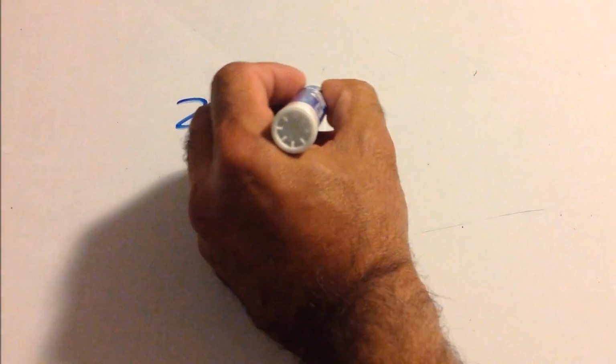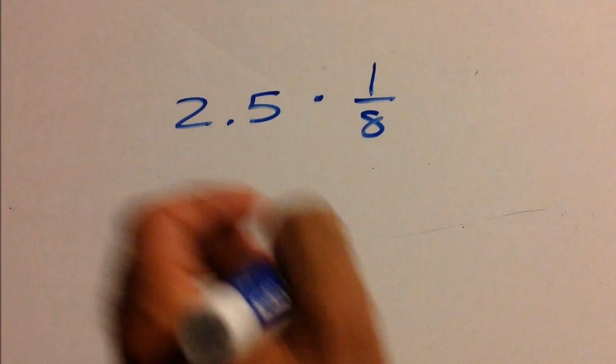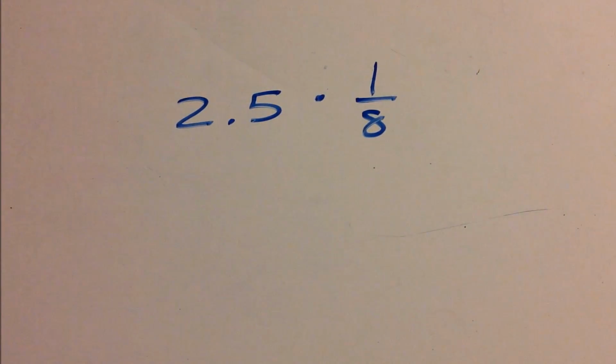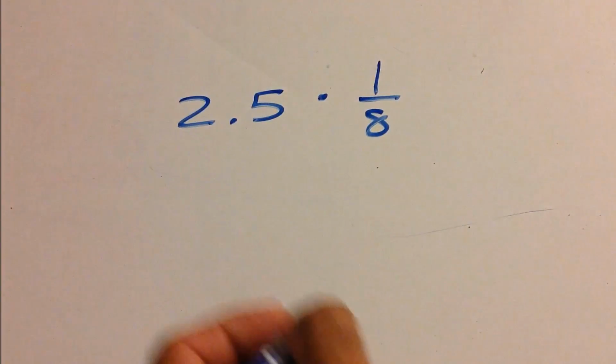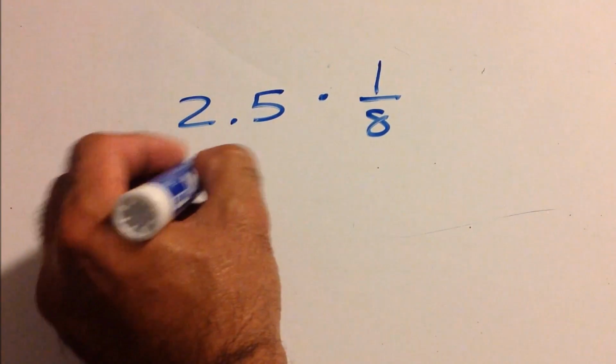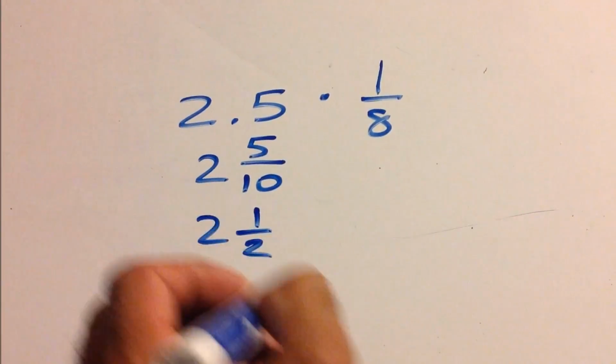Okay. Now sometimes I might ask you to do a decimal times a fraction. What do you think you can do with that? Sometimes it's easier if you make everything one type, like make them all decimals or make them all fractions. If you want to make this a fraction, remember it's 2 and 5/10, which is also 2 and a half.